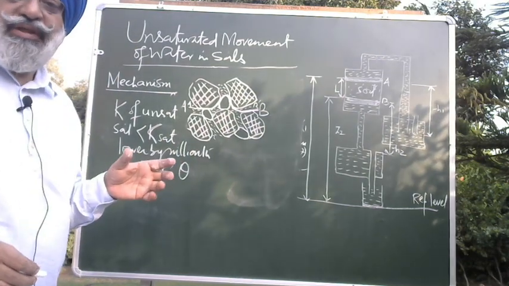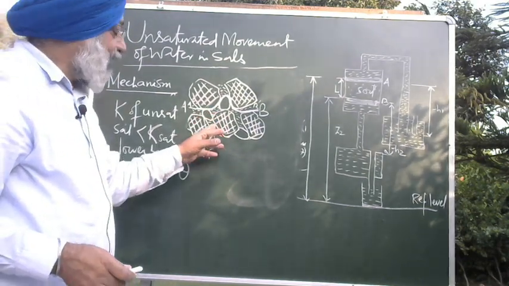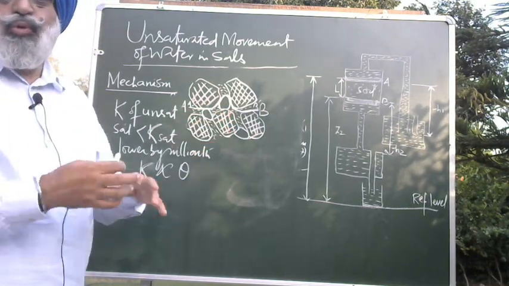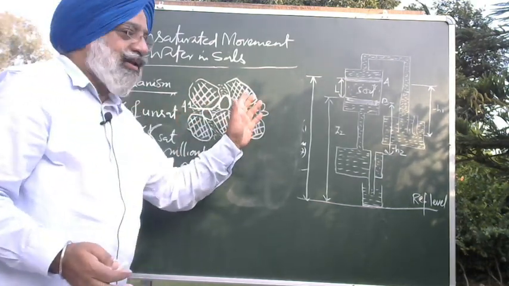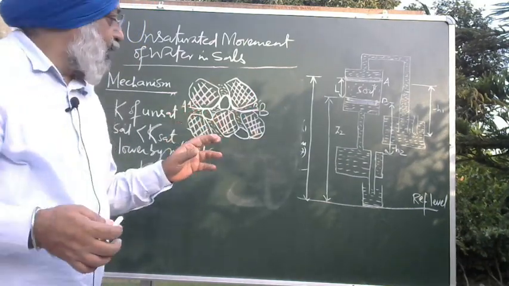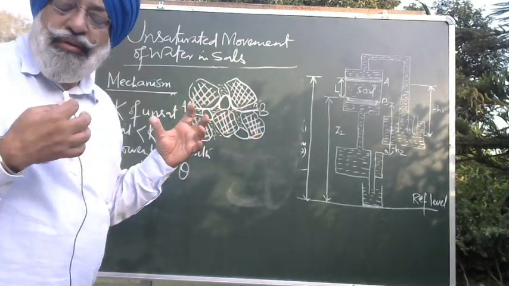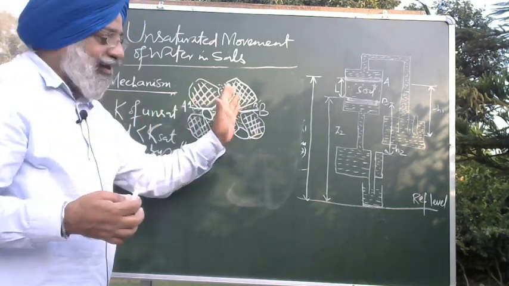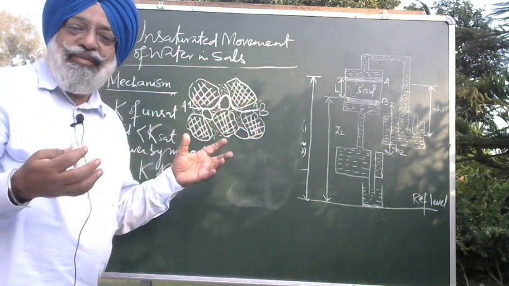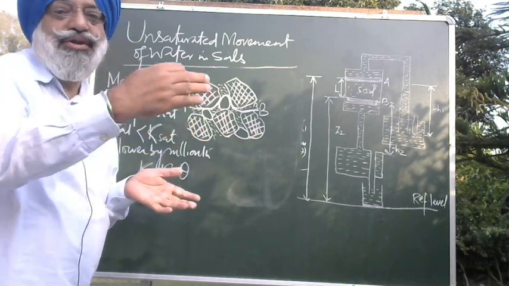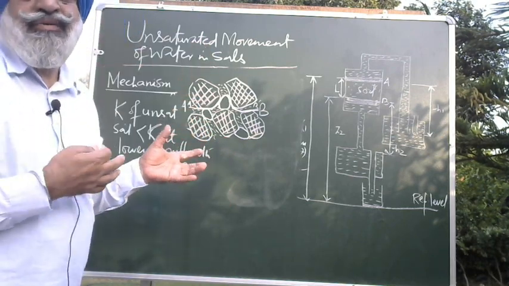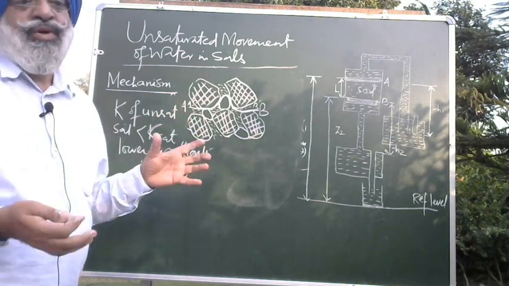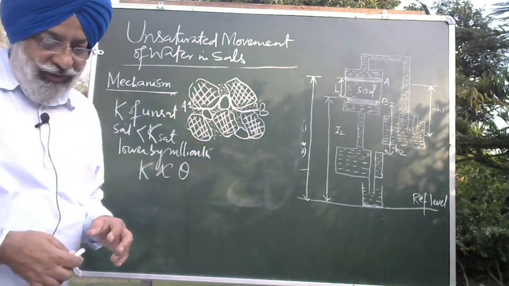It's a function of theta, because if water content goes on decreasing in the soil, that means air will increase. The more the air, the more the disruption, and the lower the movement of water in the soil. If water content increases, then air bubbles will be removed, so there will be more continuity of water in the soil, and water will move faster from one point to another in the soil.